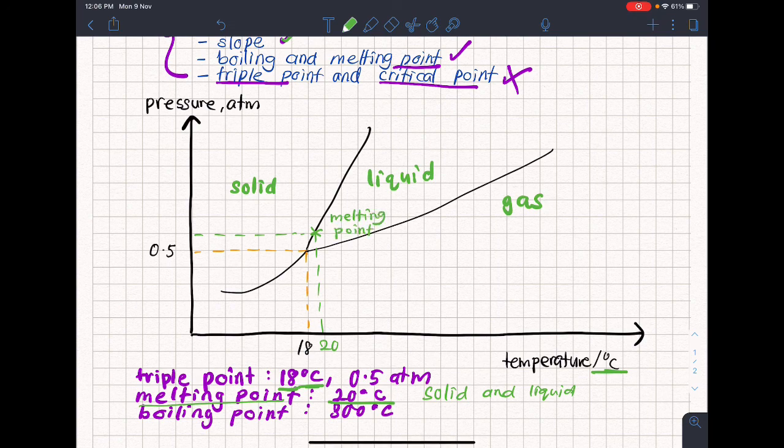Next, the boiling point is given as 300 degrees Celsius, and boiling point is liquid to gas. So it will be somewhere like maybe here, we just sketch only, so it's okay. So 300.